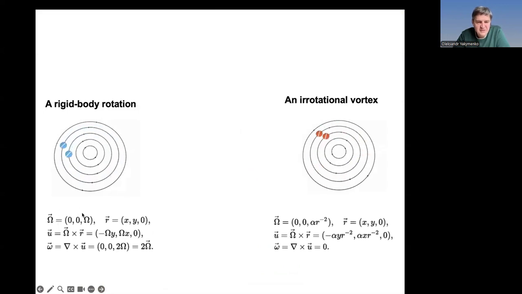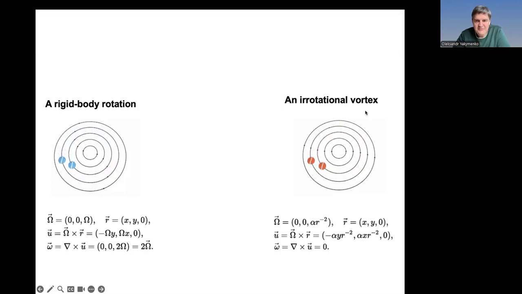This is an angular velocity, and the linear velocity is related to omega like omega cross r. And if you calculate the curl, the rotor of this vector field, you will get 2 omega, which is quite familiar to you.